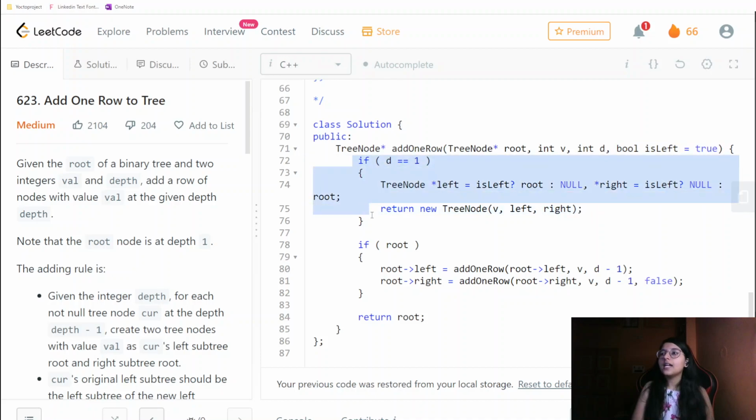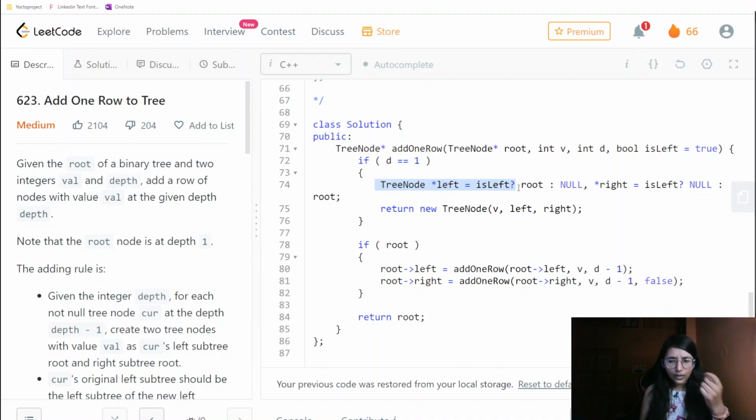Now when our depth equals 1, at that moment we are checking for our left subtree. If isLeft is true, that is, it has come from the left subtree only, because when we are required to add our value at depth one, basically at the root level, whatever was there at the root level was required to be added as a left subtree, right?